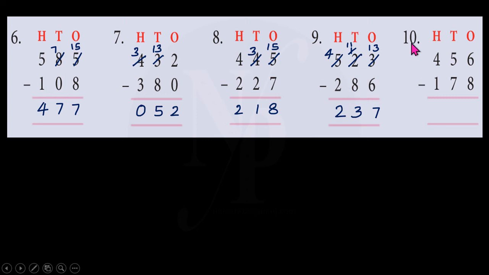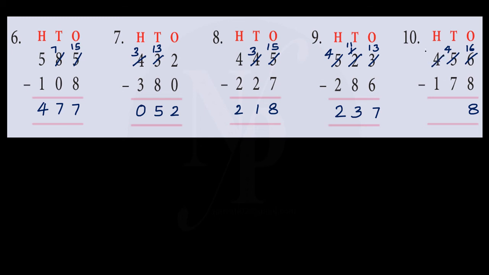Question number 10. 456 minus 178. So we regroup. We make this 5 tens as 4 tens. And now this becomes 16 ones. Subtracting 8 ones from 16 ones, you get 8 ones. And here you cannot subtract 7 tens from 4 tens.